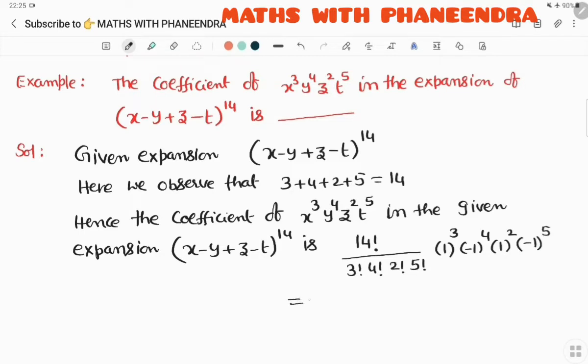So ultimately this becomes minus 14 factorial divided by 3 factorial into 4 factorial into 2 factorial into 5 factorial. This is the coefficient of x power 3, y power 4, z square into t power 5 in the expansion x minus y plus z minus t whole power 14.